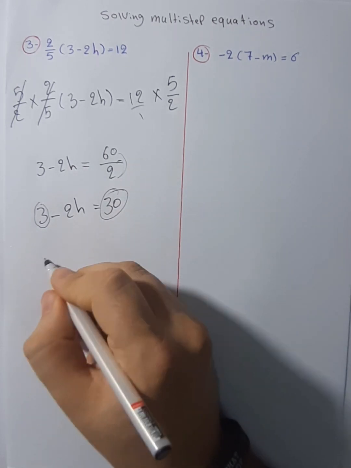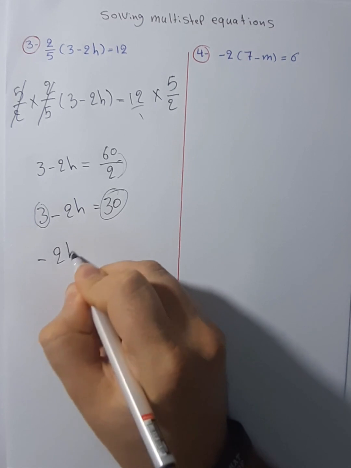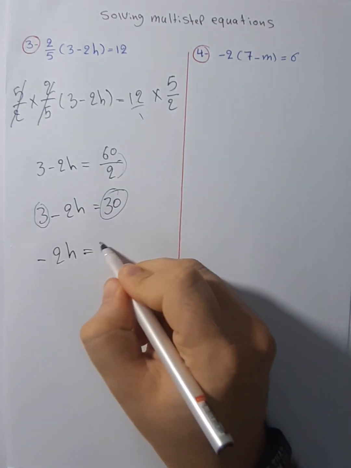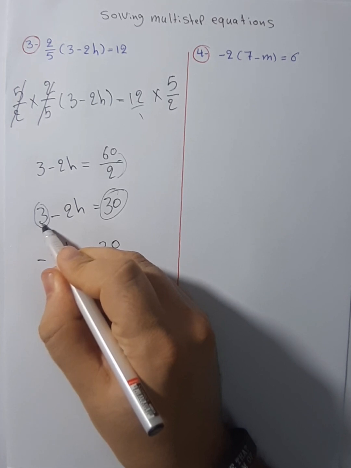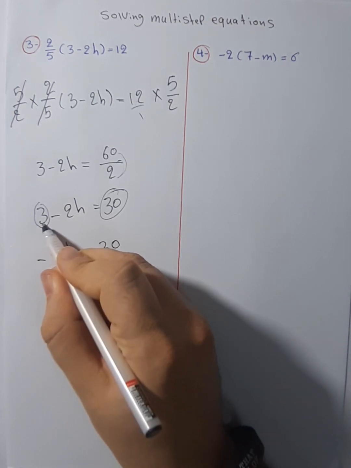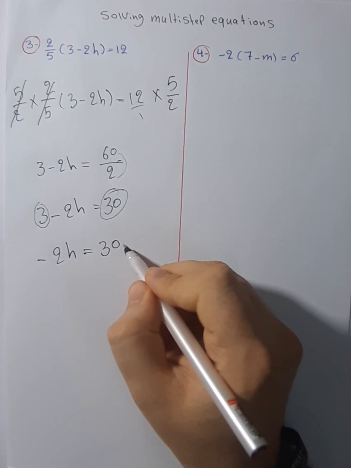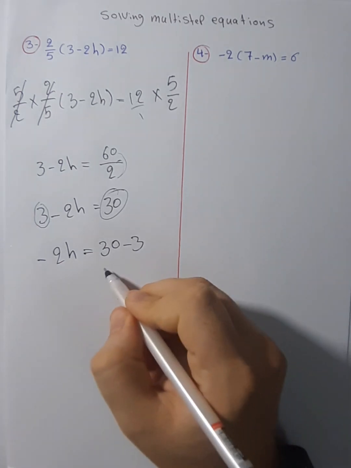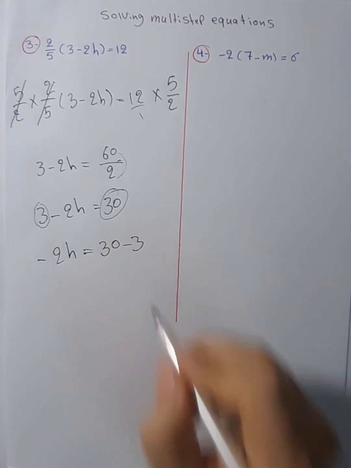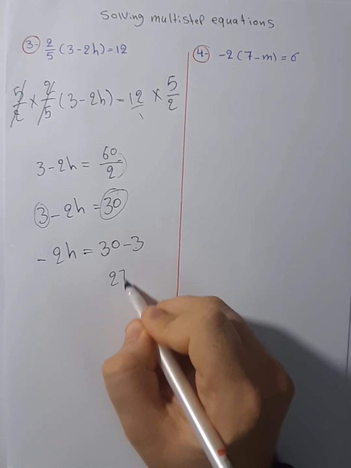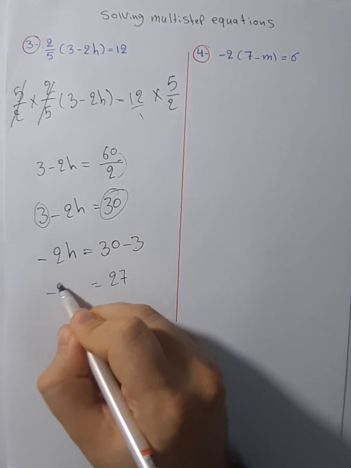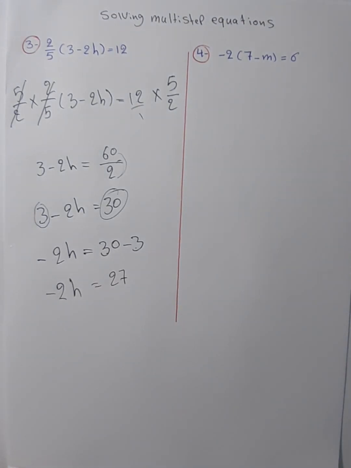We can write minus 2h equal to 30. When we change the place of 3, positive 3 becomes negative 3, and then we can solve these two numbers. 30 minus 3 equal to 27, so minus 2h equal to 27.